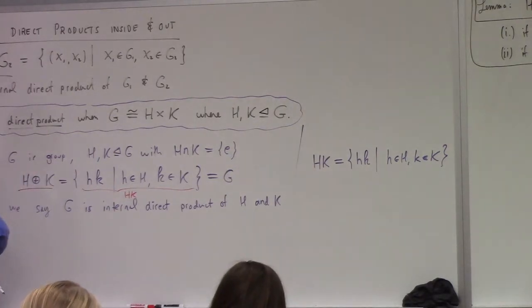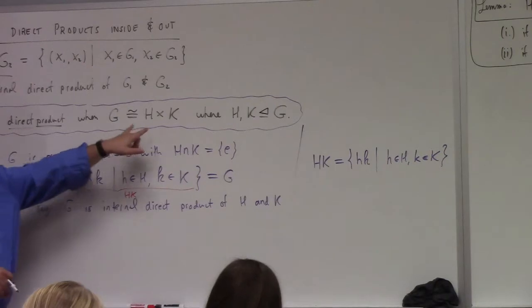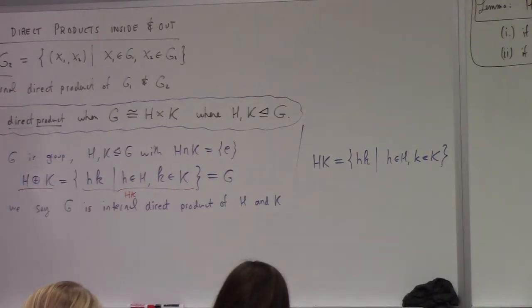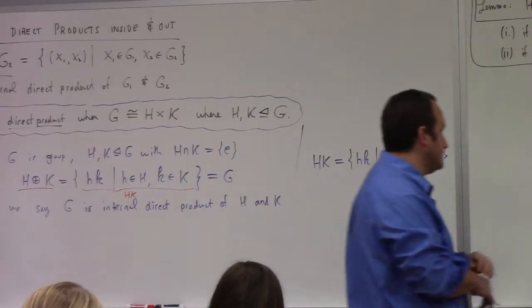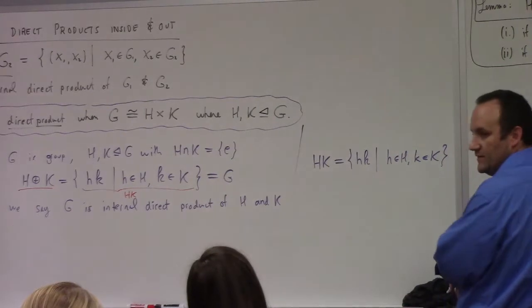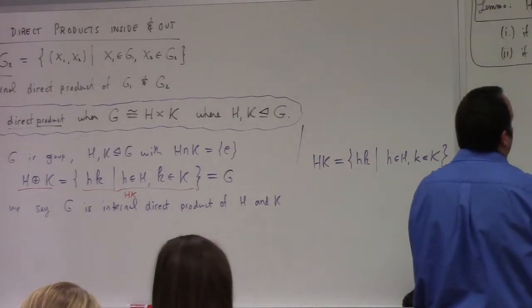I would still have that they intersect trivially. But it would no longer be the case that HK is isomorphic to H cross K, which is what I'm ultimately after. So yeah, I should put normal there. Okay, so proof.